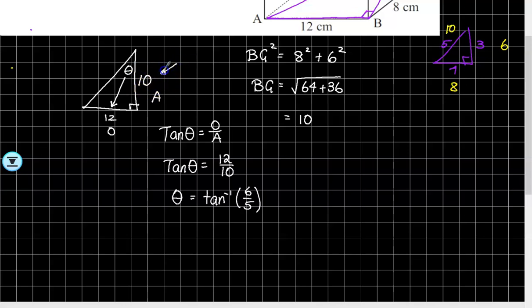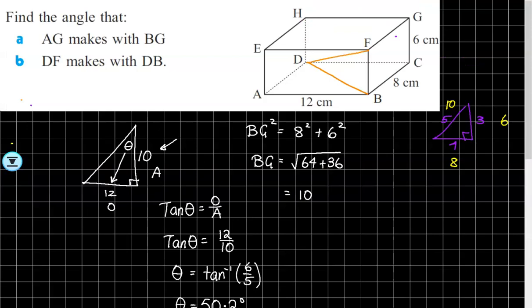It's meant to be 10. So 10. And I even switched up my opposites and adjacent. Bad, bad, bad. I'd like to say I did that deliberately. I did not. So therefore, we end up with theta equaling 192.